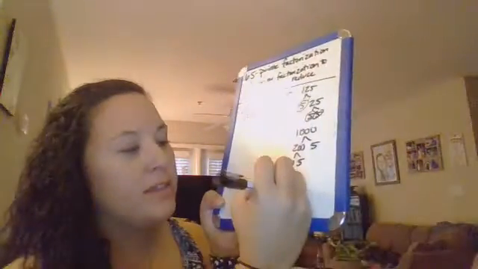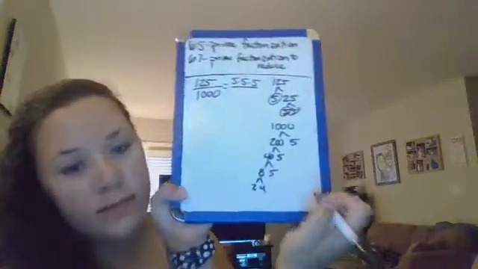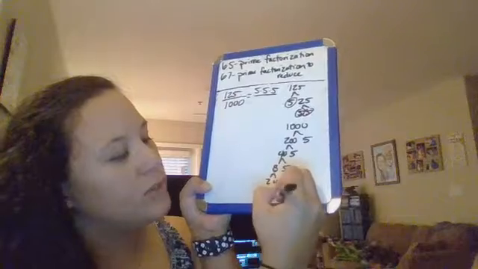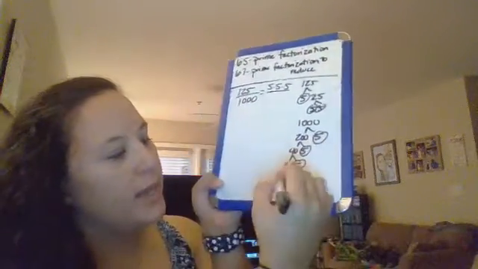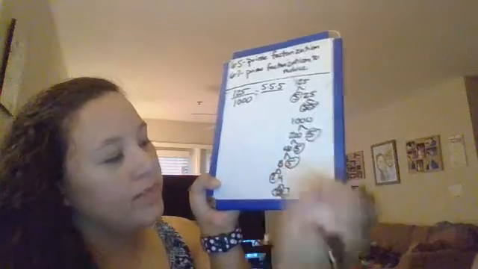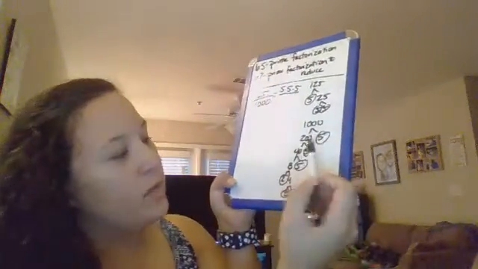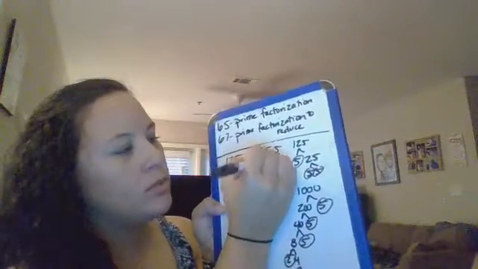And then 8 is 2 times 4. And then 4 is 2 times 2. So we now have prime numbers ending on all of our wings or leaves or branches of our tree. And so we have 1, 2, 3 5s. So I'm going to go ahead and write that up here. 1, 2, 3 5s, and then 1, 2, 3 2s.